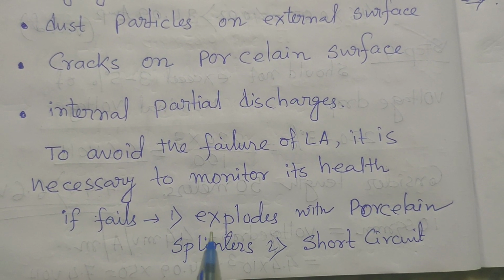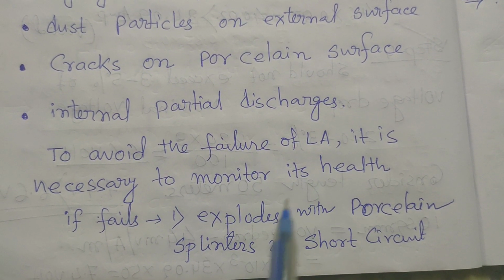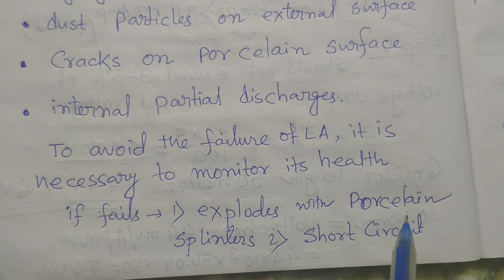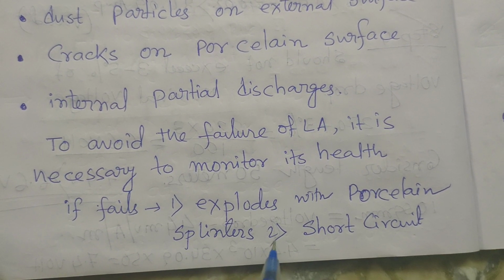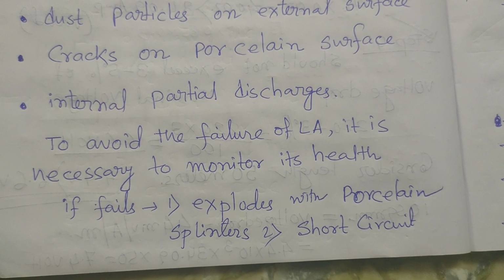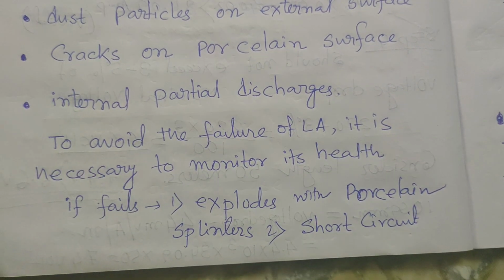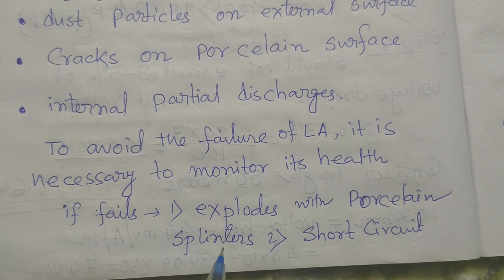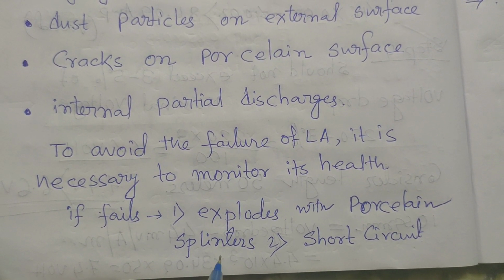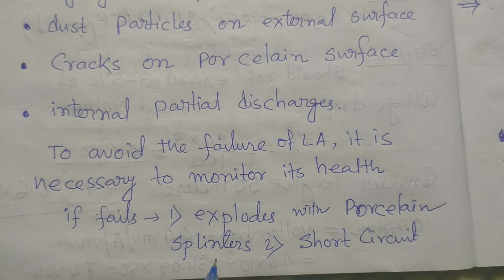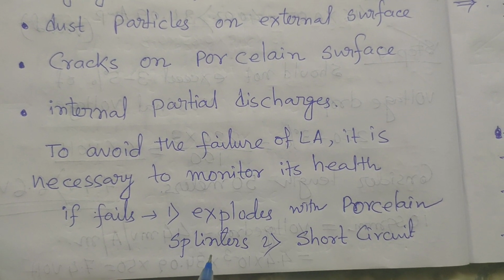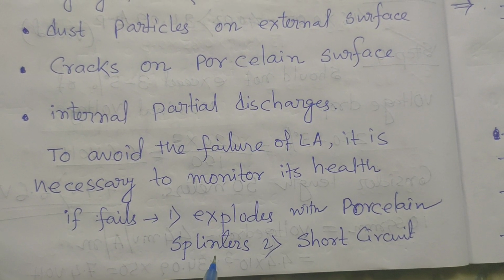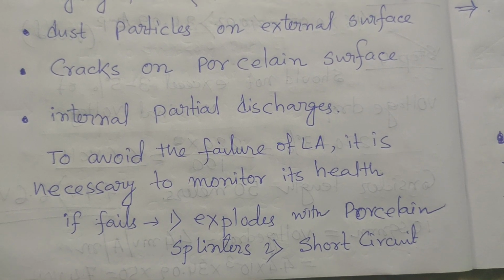Then if an LA fails, what will happen? It explodes with porcelain splinters, and the porcelain parts of the LA will be damaged and scattered here and there in the substation, power station, or power plant where the LA is installed. Due to the scattering of the different LA particles, nearby high value equipment can be damaged, or there may be a short circuit problem.